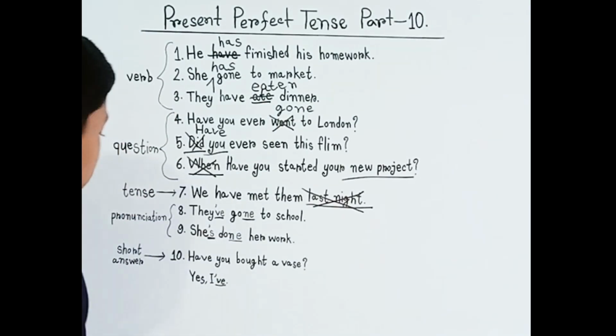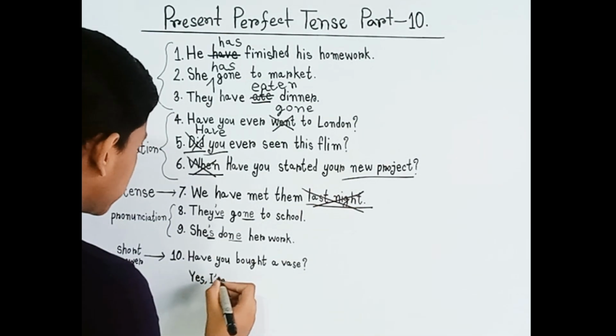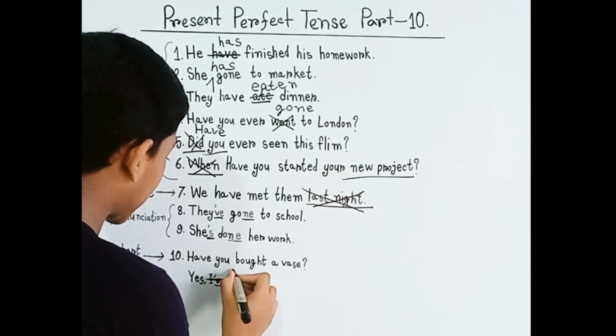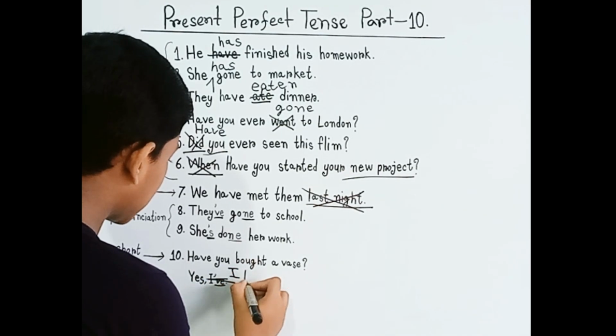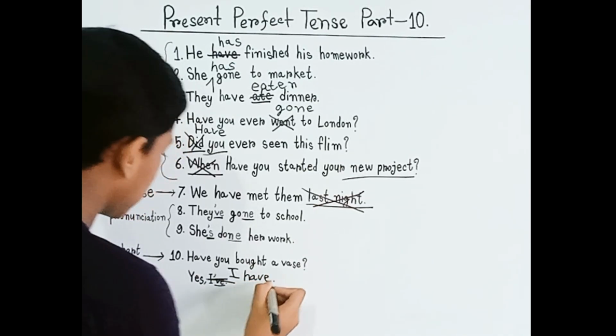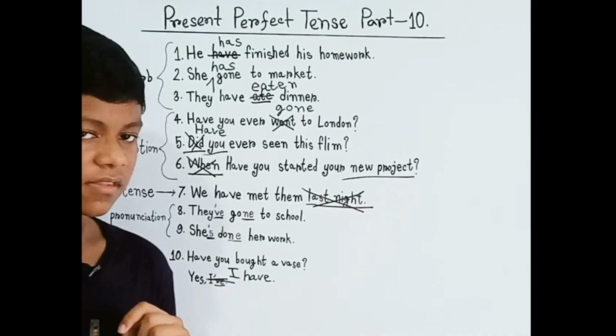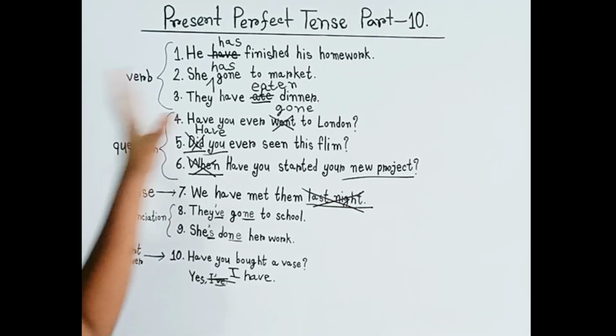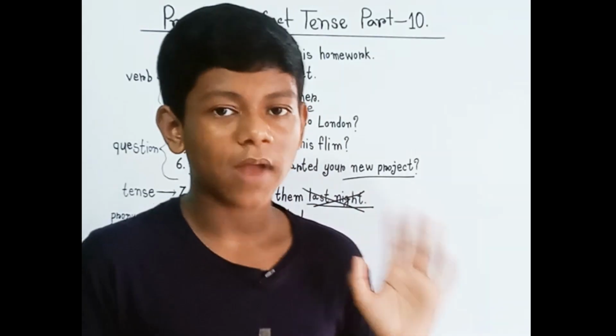So at that time you have to say, yes, I have. Have you bought a vase? Yes, I have. So I hope you have got it, and these are the common errors about present perfect tense.